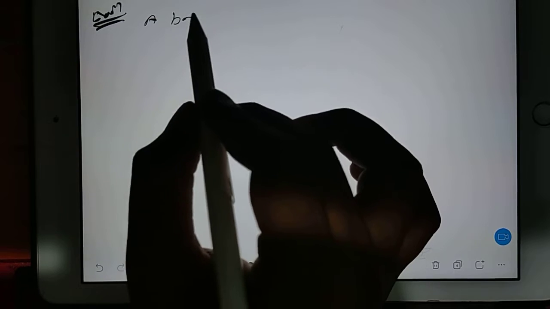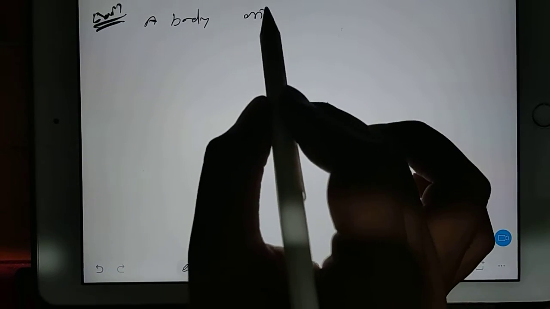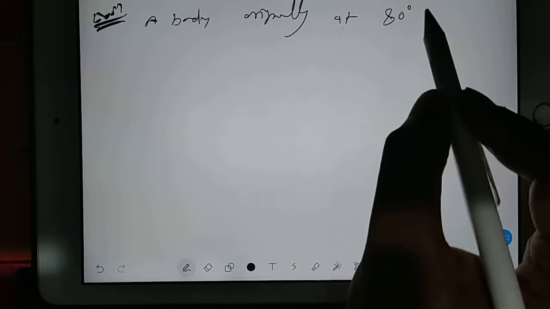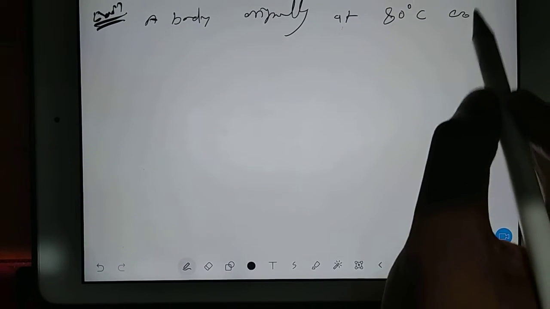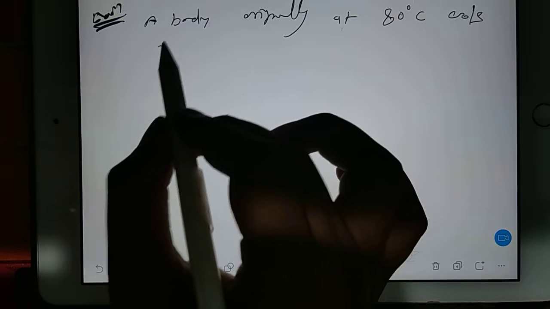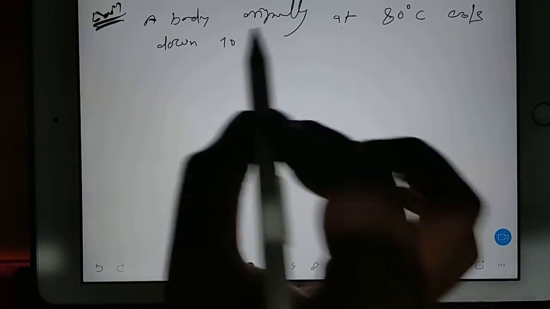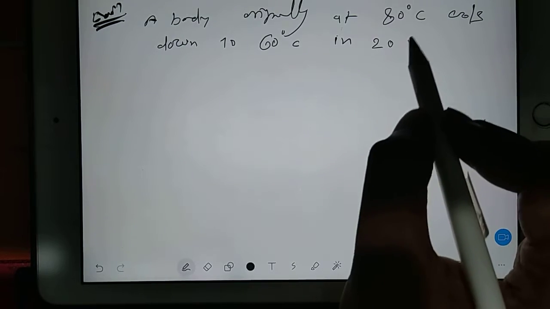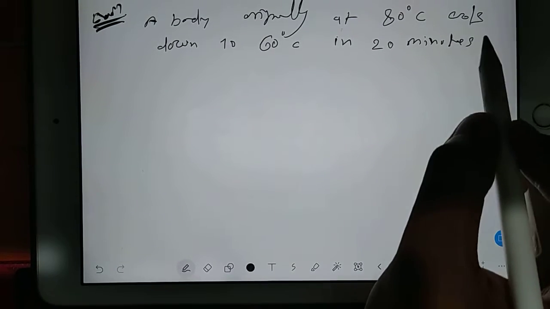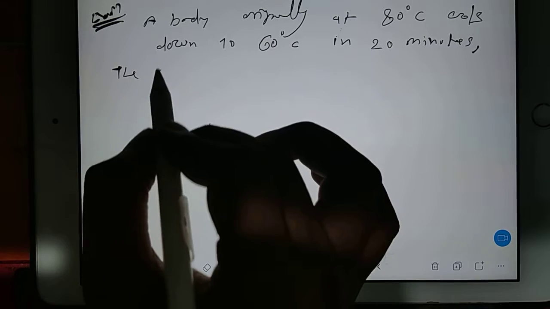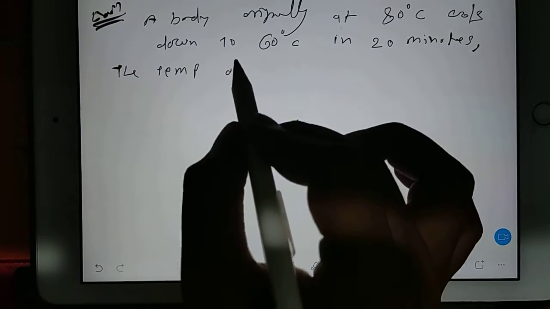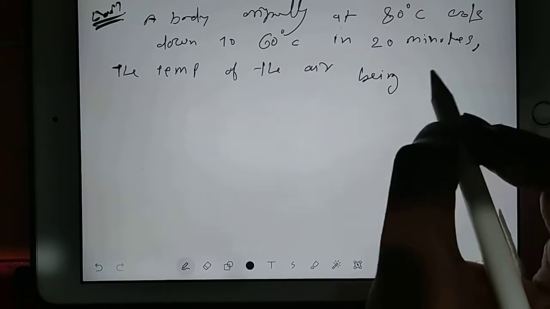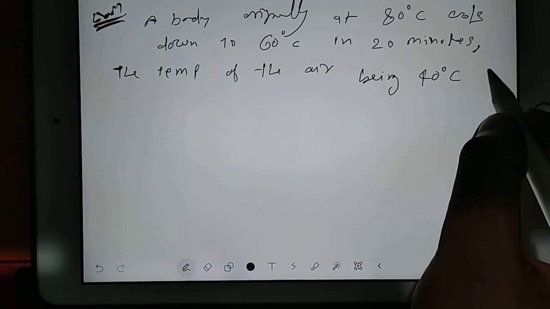Suppose a body originally at 80 degrees Celsius cools down to 60 degrees Celsius in 20 minutes, the temperature of the air being 40 degrees Celsius.